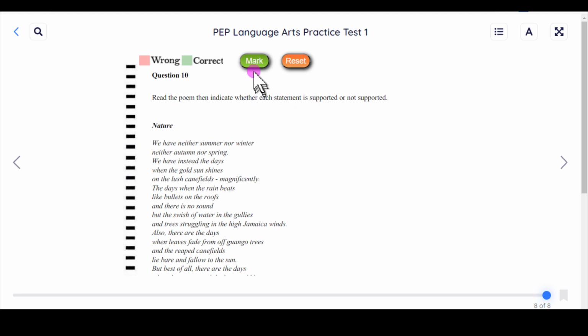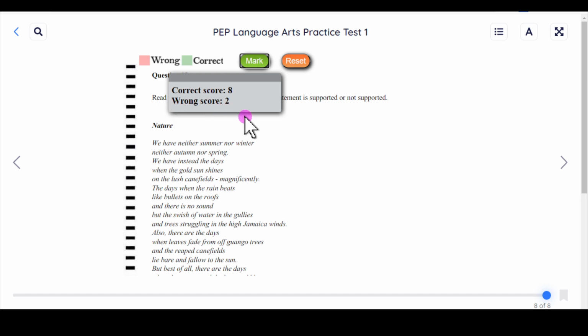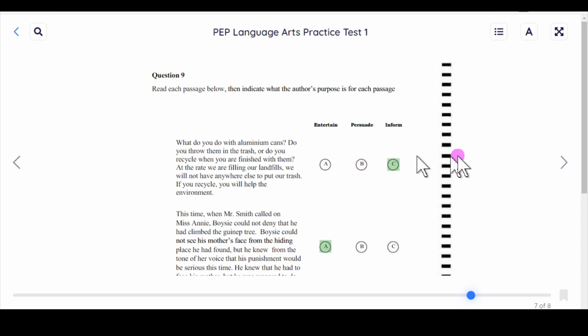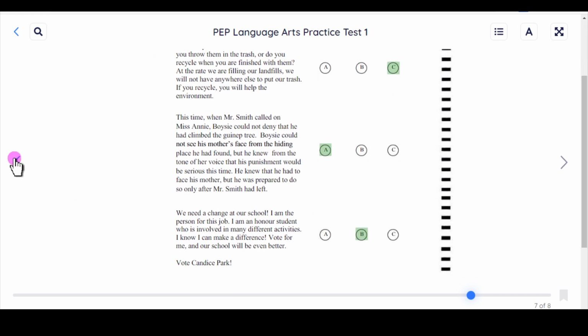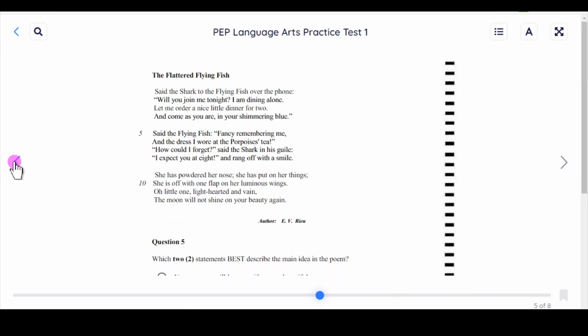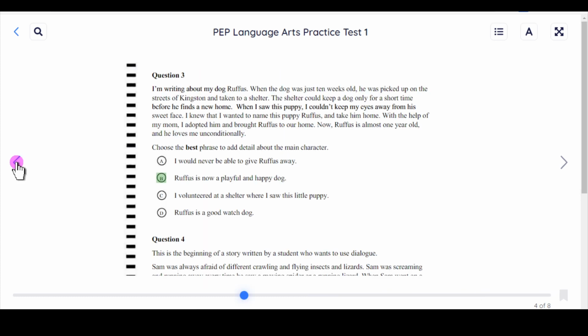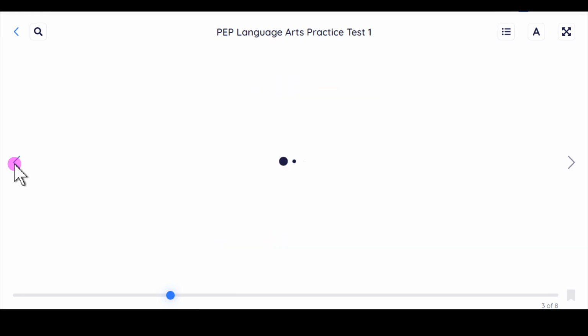So now I'm going to say mark. Bam. I'll get 8. So I have 2 that are incorrect. Let's go and see which 2 we have incorrect. Let's go. Maybe I made a mistake somewhere. Let's go with this all the way back to question.